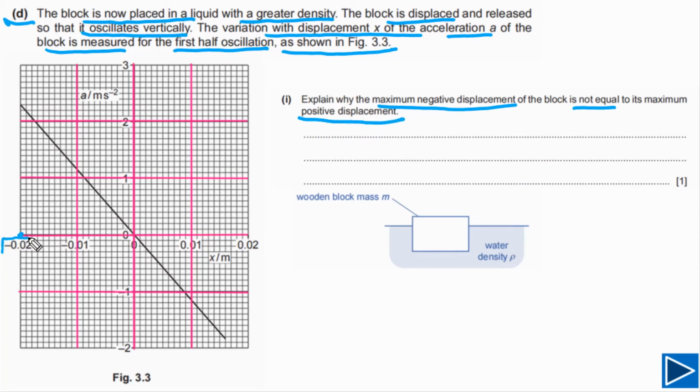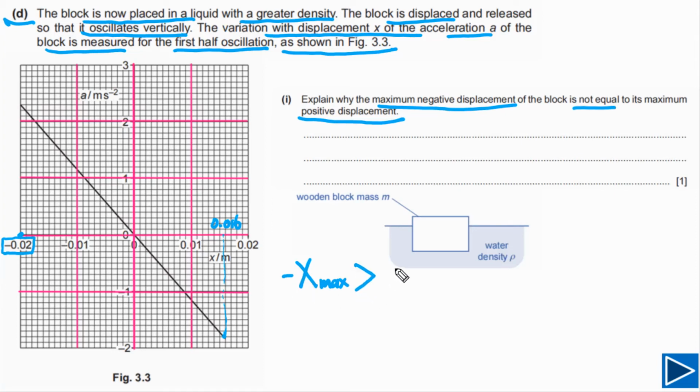The value of maximum negative displacement is equal to negative 0.02, and the value of maximum positive displacement we can find out from here, and this value is about 0.016. This is the amplitude, but simply you can write negative maximum displacement.